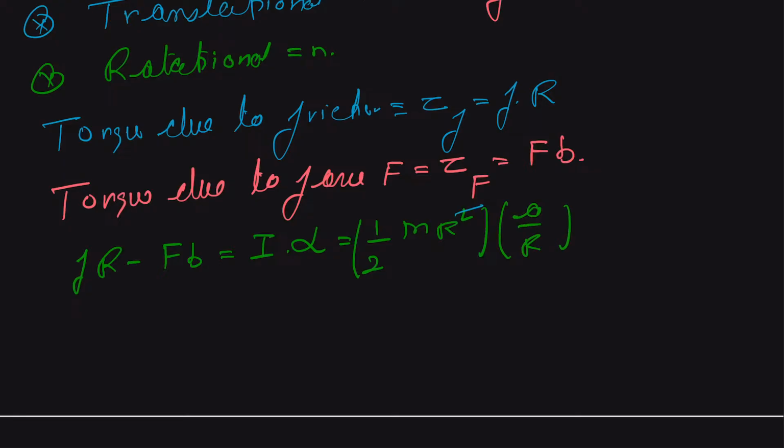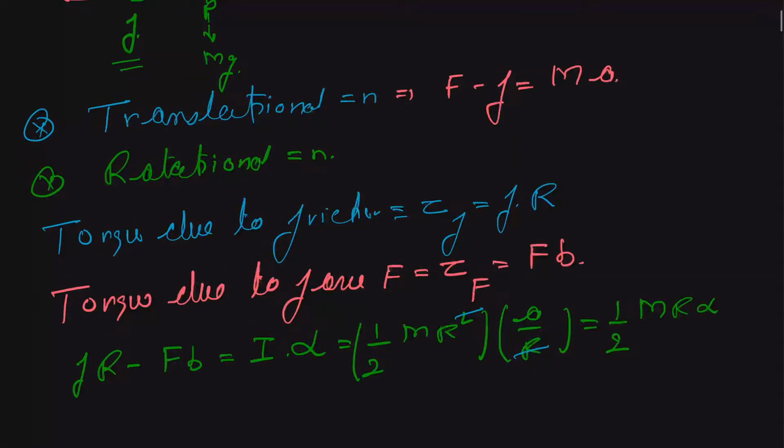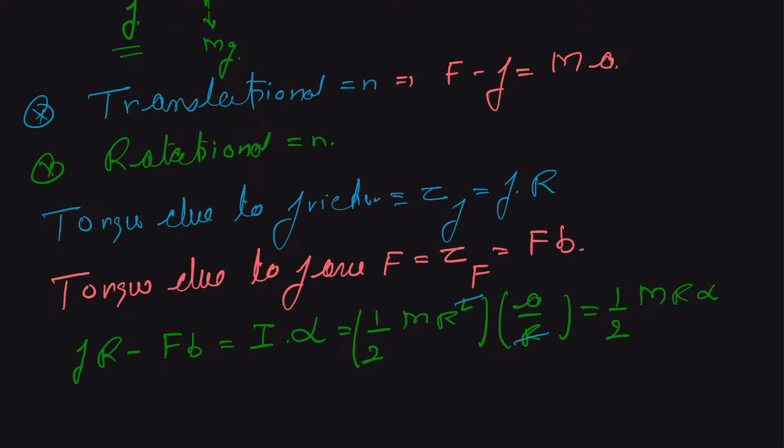So this r square goes by r. We get from here, it will be equal to half m r times alpha. Let us find out a from the first equation, that a will be equal to F minus f upon m.